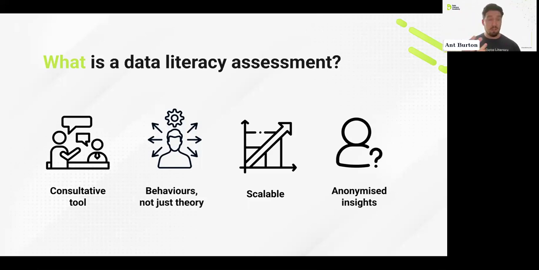But that often misses one of the biggest variables, which is the people. A data literacy assessment should be a more consultative tool. And by that, we mean not just a static survey or a technical audit.